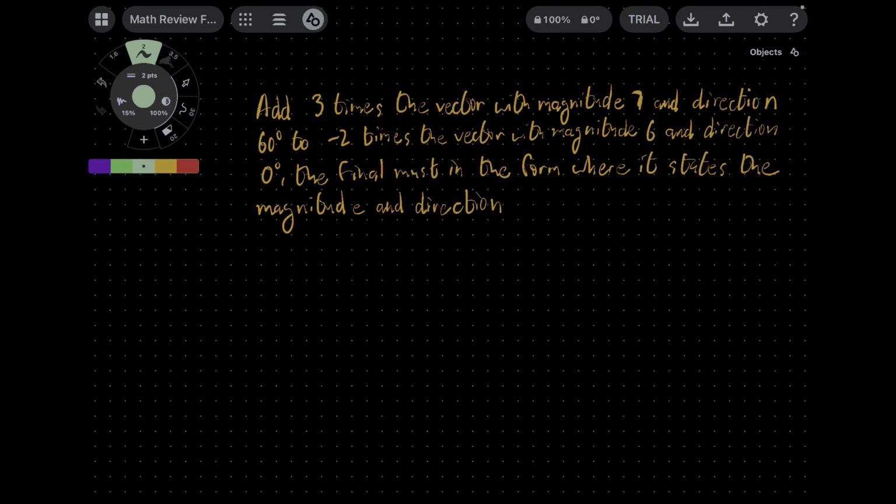Now that we have our problem finally written down, let's truly get to solving this. So if we have 3 times the vector with magnitude 7 and direction 60 degrees, the first thing is let's figure out that vector with magnitude 7 and direction 60 degrees. So our x coordinate would be x is equal to the magnitude, or 7, multiplied by the cosine of the angle, so cosine 60 degrees, and our y would be 7 times the sine of 60 degrees.